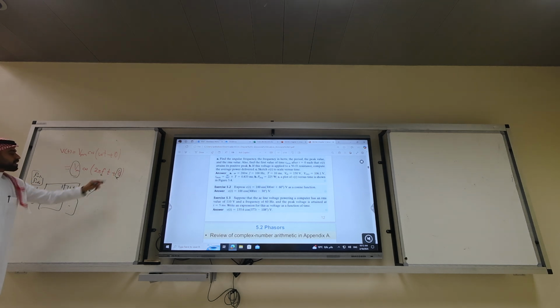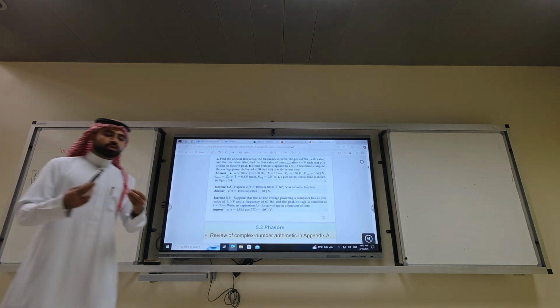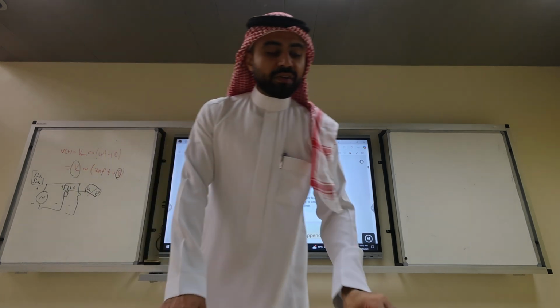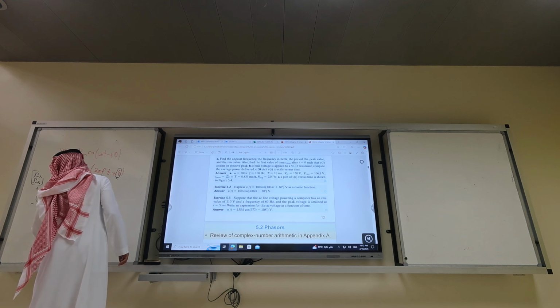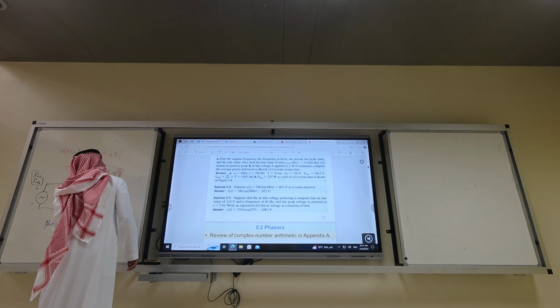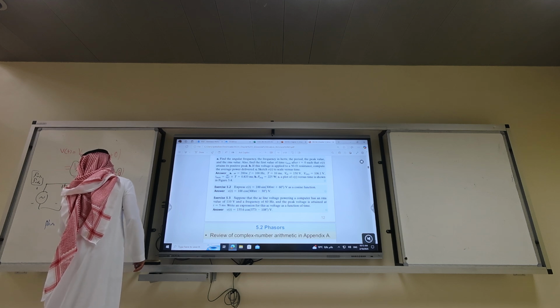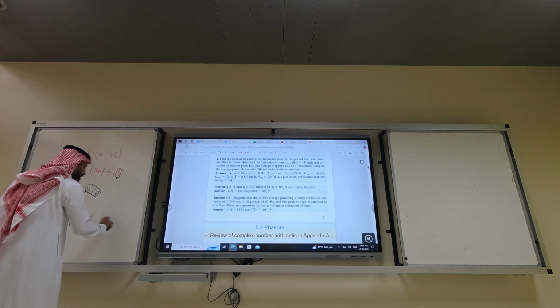And I also have the phase shift will change. So those two numbers constitute what we call a phasor. So a phasor of this signal is Vm at angle theta.